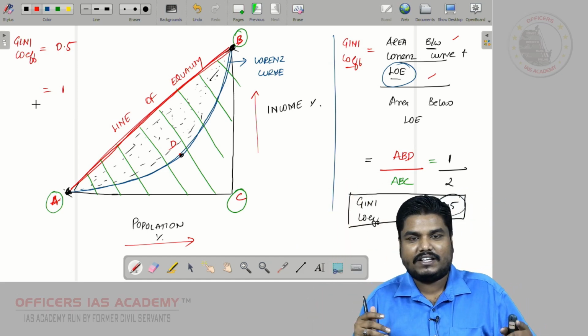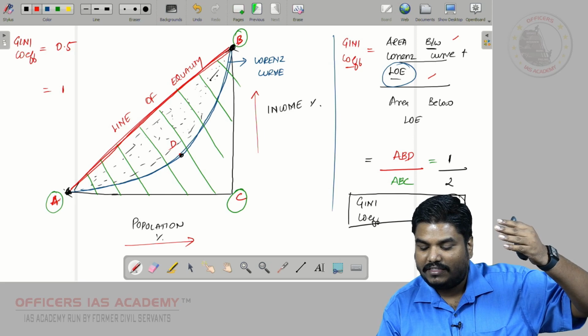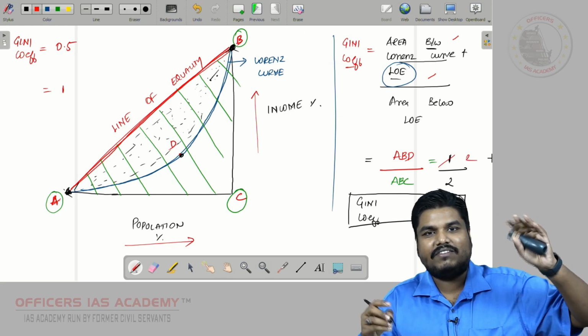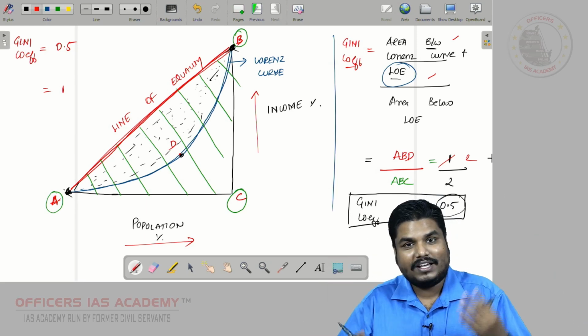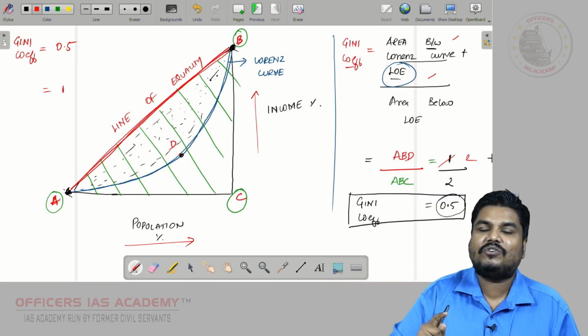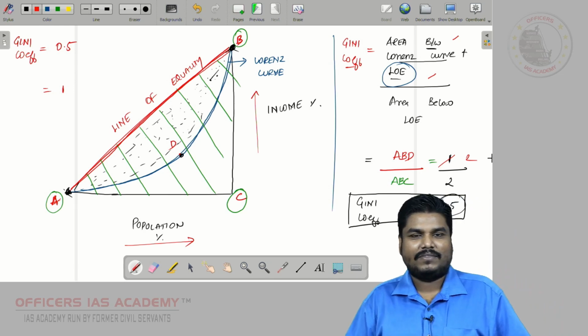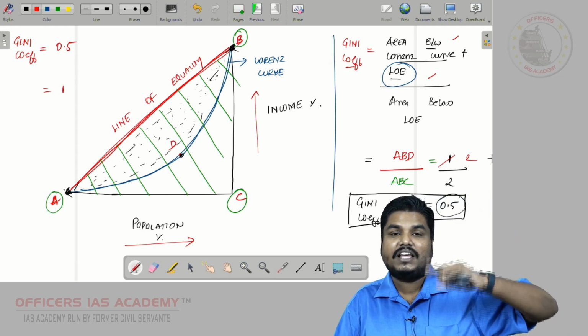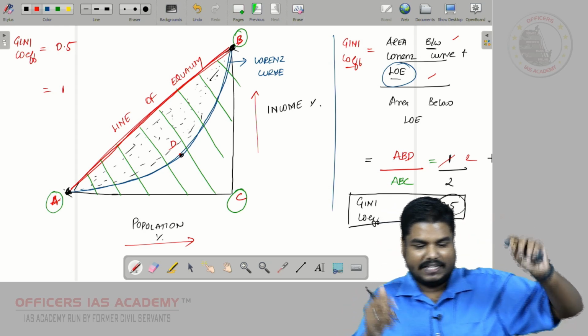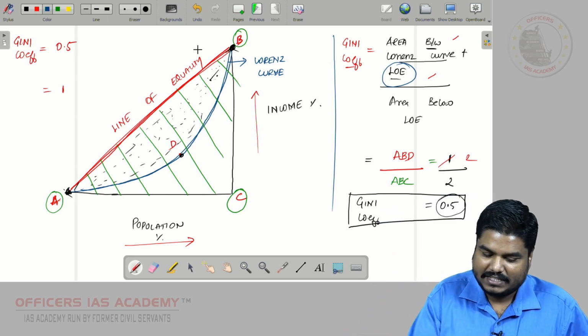Just think. When the numerator and denominator are both the same, then we will get a Gini coefficient of 1. So the numerator and denominator should be equal. When will they be equal? Imagine a situation.